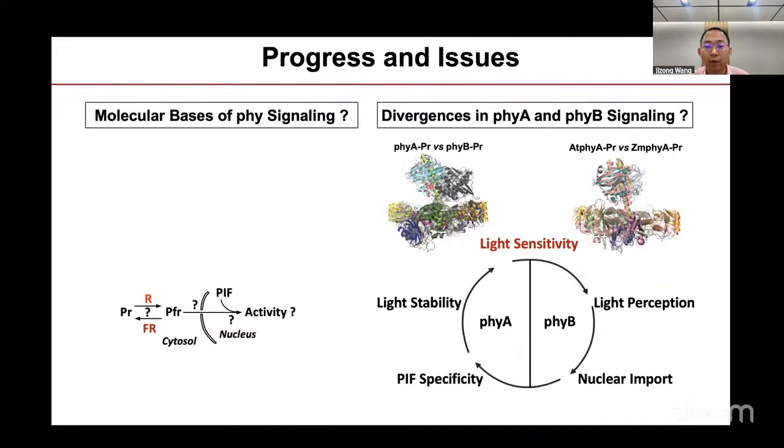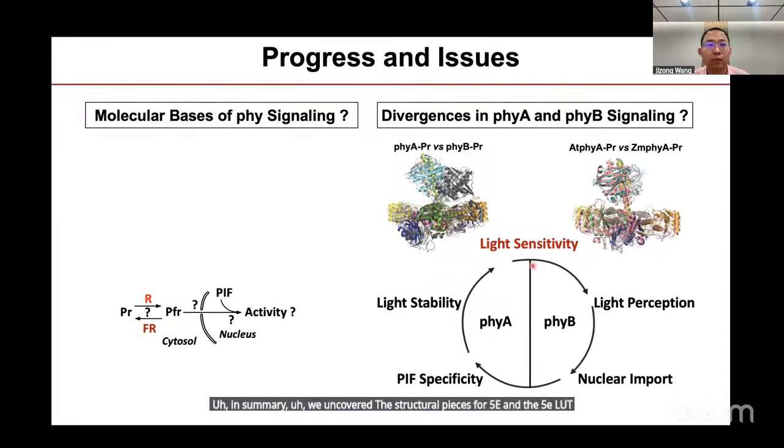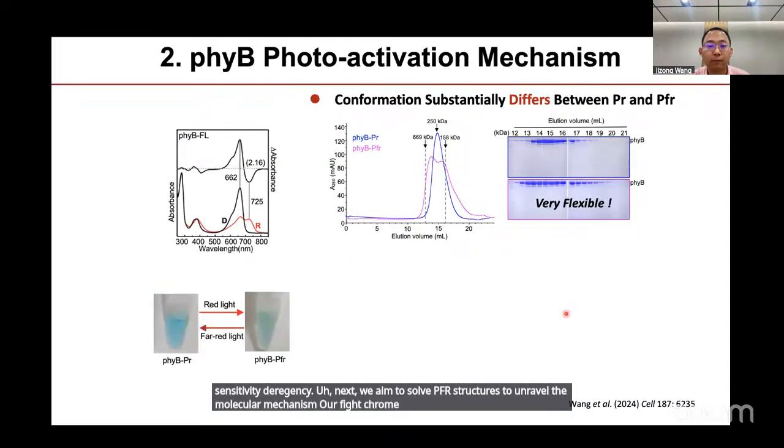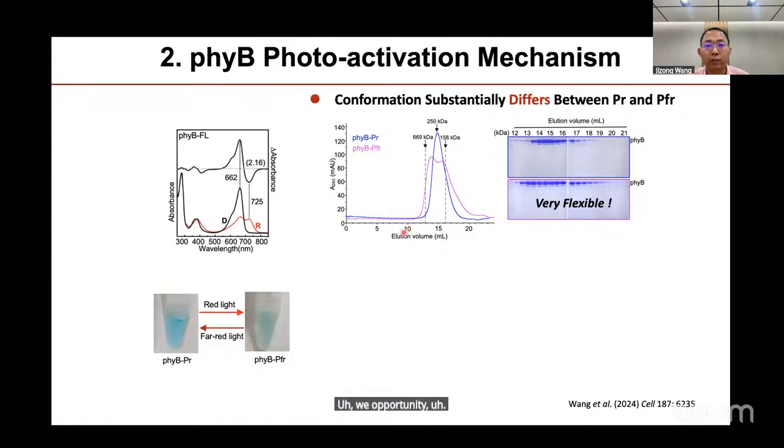In summary, we uncovered the structural basis for phyA and phyB light sensitivity divergence. Next, we aim to solve PFR structures to unravel the molecular mechanism of phytochrome photoactivation. We obtained higher quality protein samples of phyB in both PR and PFR states.